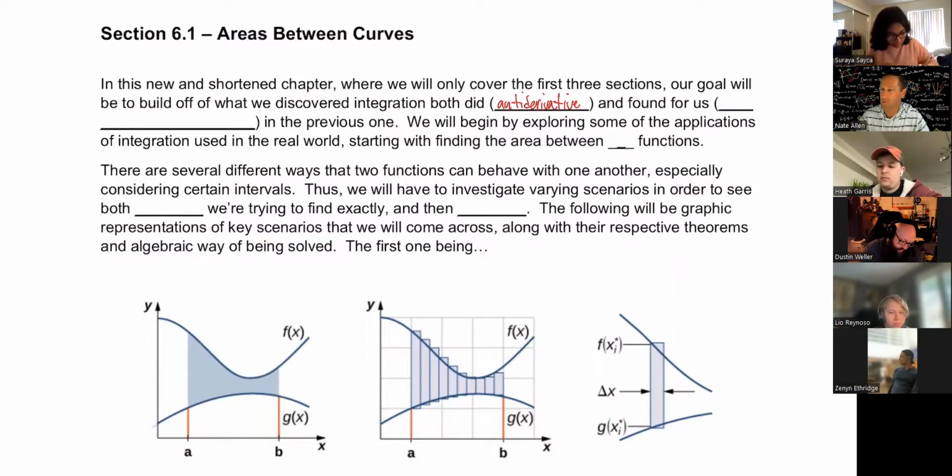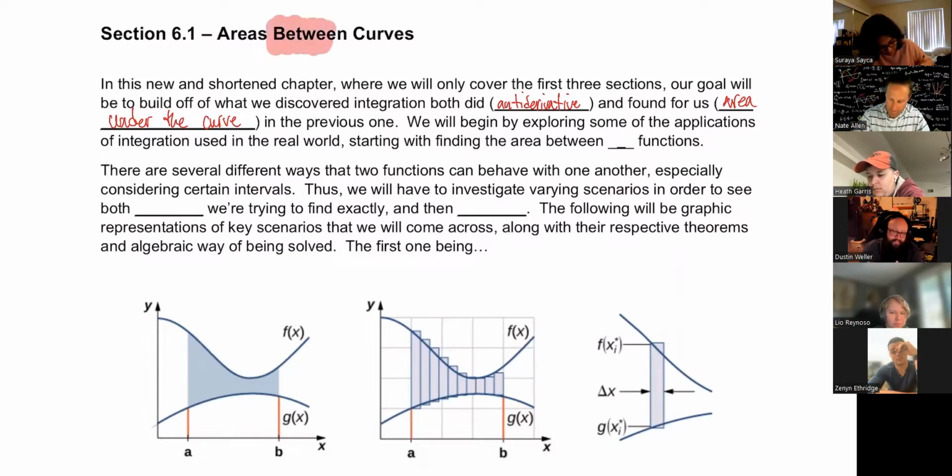But if we have an interval, a beginning and an end of that curve, that function, then it also finds the area under the curve. So what we are going to be looking at is now 2 functions, not just one function, and trying to find the area between them.